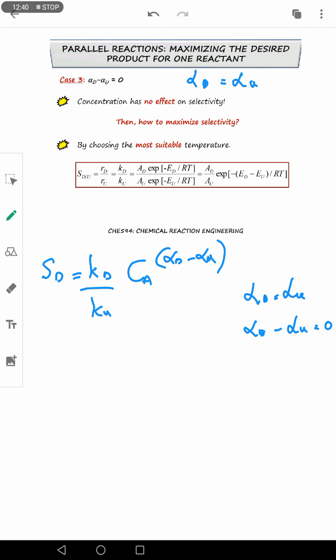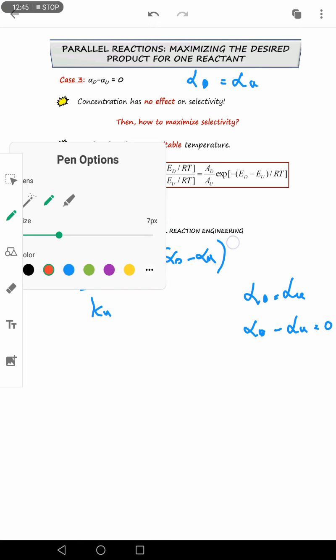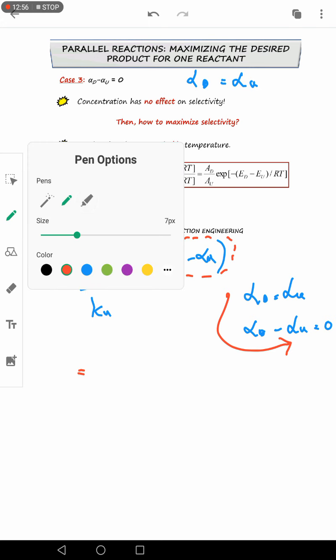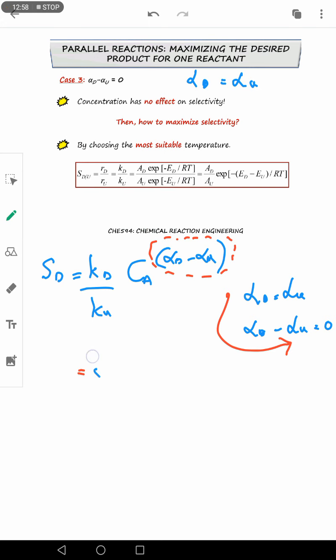So this term bersamaan dengan kosong. If that happens, meaning that Kd over Ku Ca to the power of 0, meaning that Kd over Ku only. Betul? The selectivity. So if this is the case, dia tinggal rate constant saja.